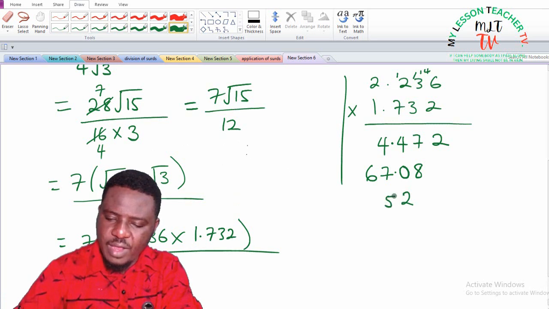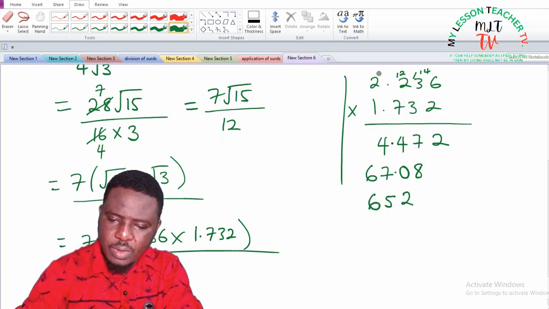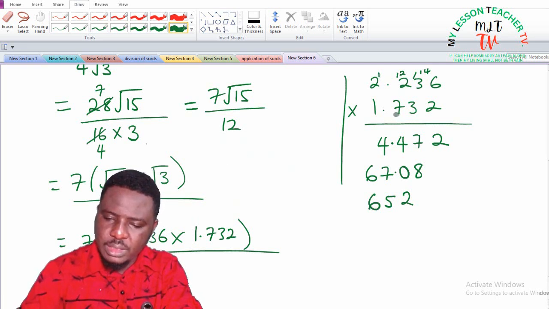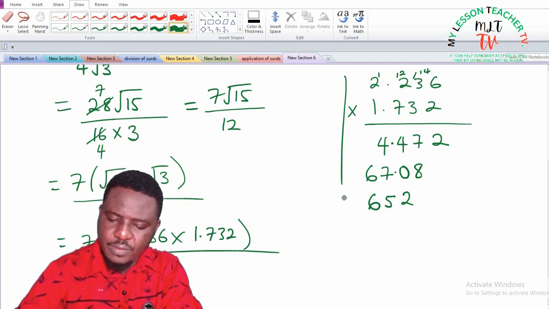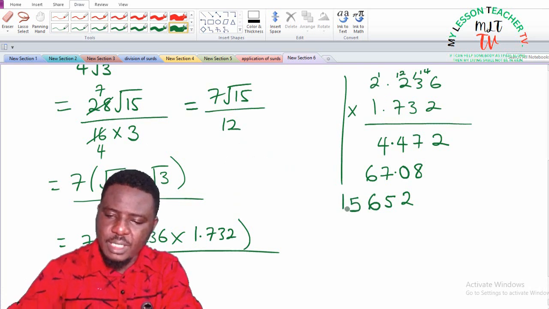I'll write down 5 and carry 2. 7 times 2 is 14. 14 plus 2 is 16. I'll write down 6 and carry 1. 7 times 2 is 14 plus 1 is 15. So this is my 15.